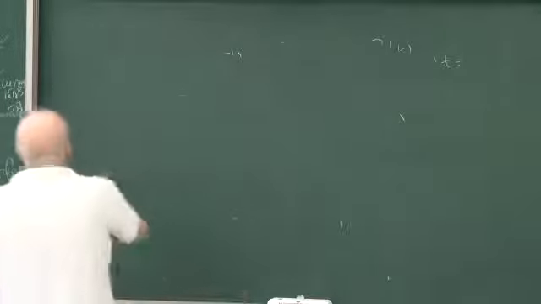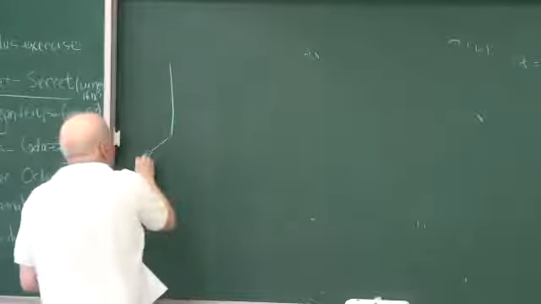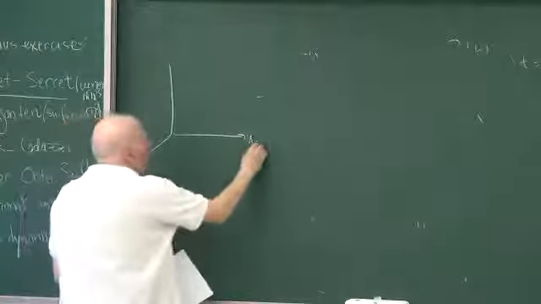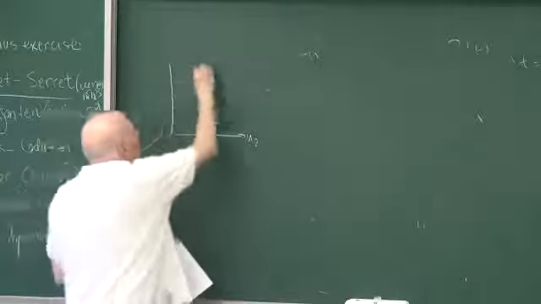So let's draw a surface. And I'll use the letters u1 and u2 for my local coordinates, so there's the surface.